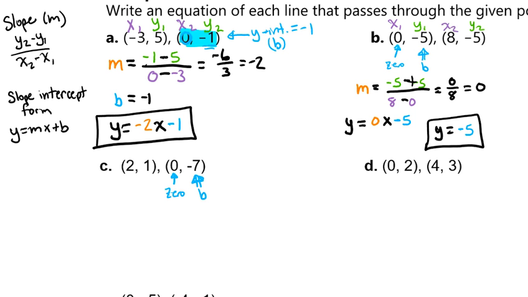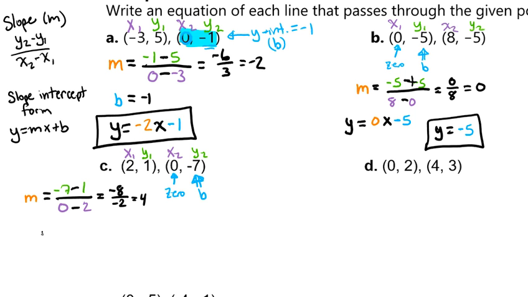We can label our points and calculate our slope. Here our slope is going to equal negative 7 minus 1, divided by 0 minus 2. That gives us a value of negative 8 over negative 2, which is 4.